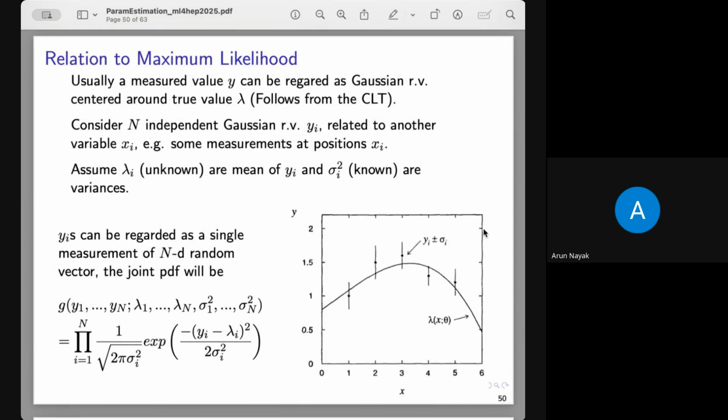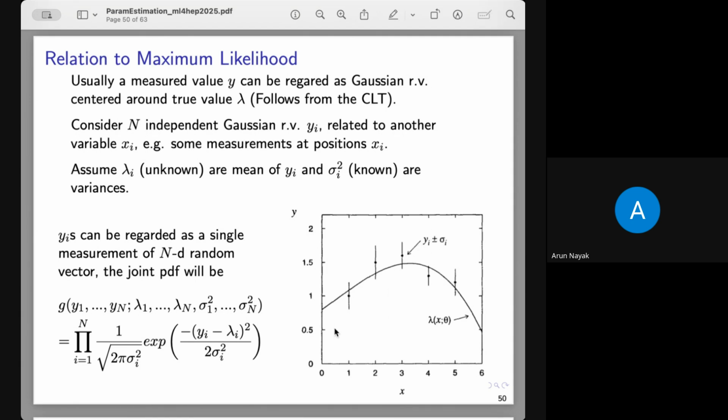Now let's assume a similar thing. Suppose you have these points or measurements, say yi, which are some function of some variable xi, and it has some measurement error, some sigma i, right?